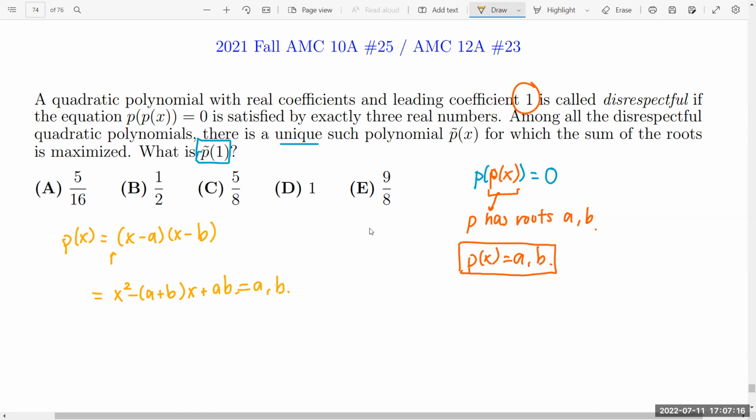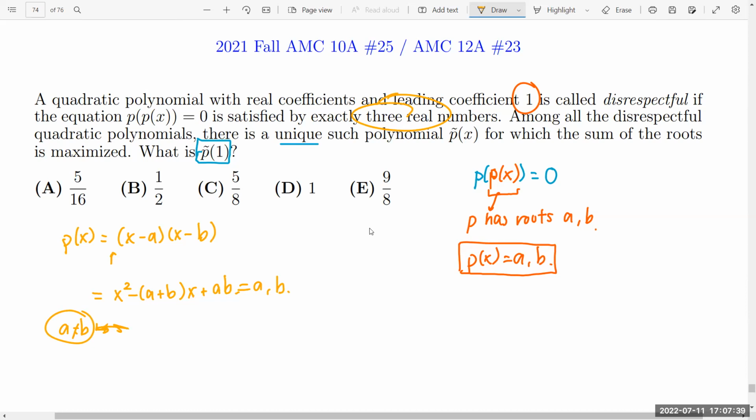Note that if a equals b, then we effectively have only one equation with at most 2 distinct roots, but we need 3 real numbers. Since we need 3, a cannot equal b. So a and b are 2 different numbers.